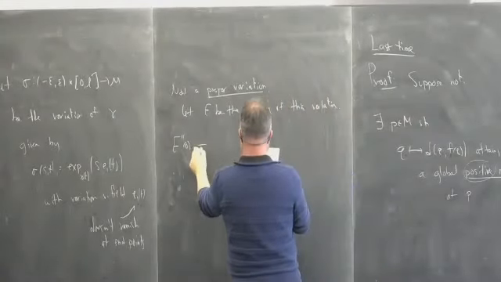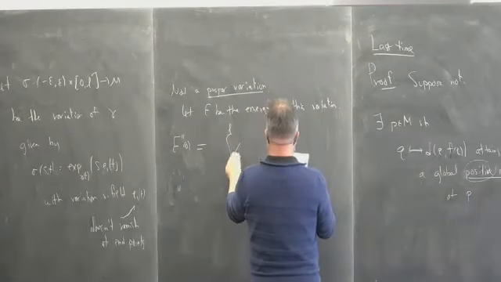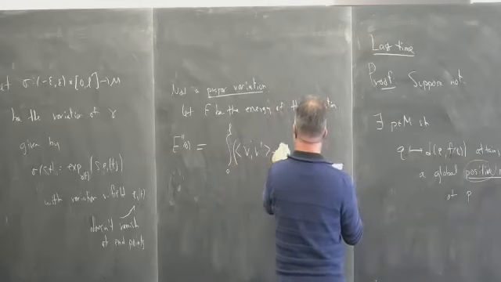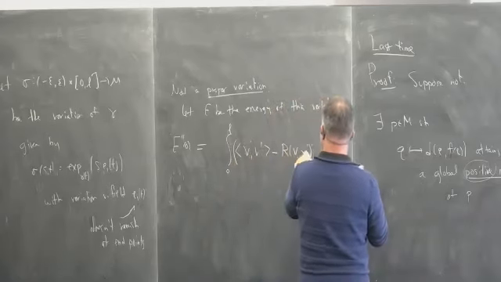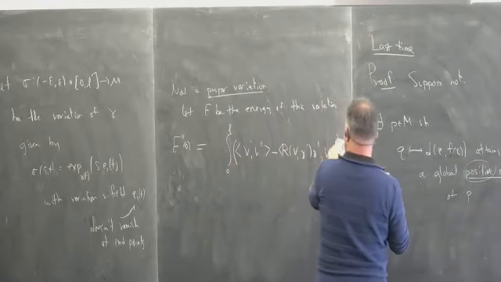The second variation formula said that this is going to be the integral from 0 to L of V prime minus R of V gamma prime, inner product V dt.